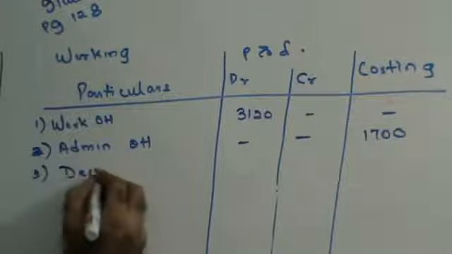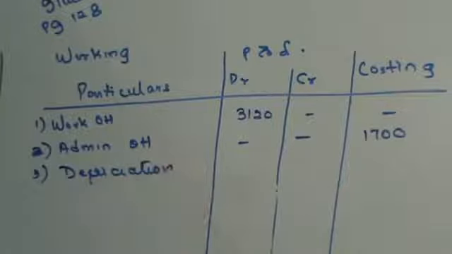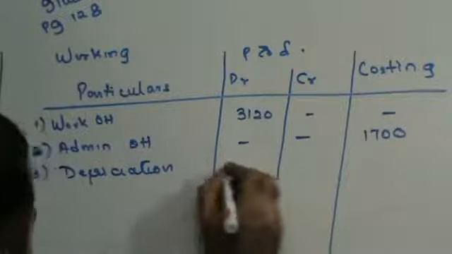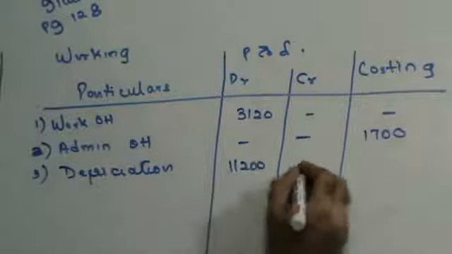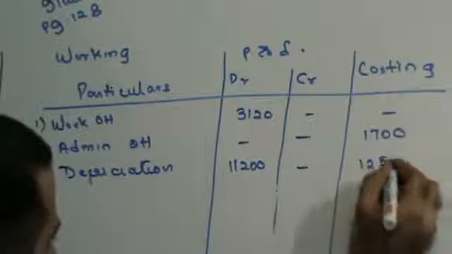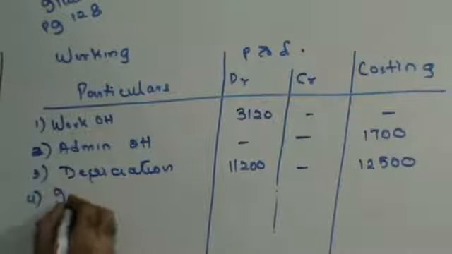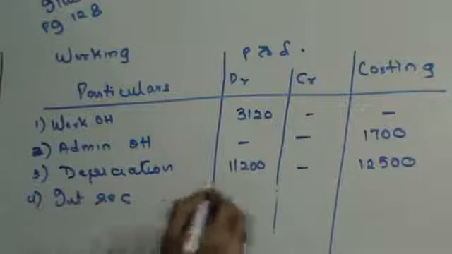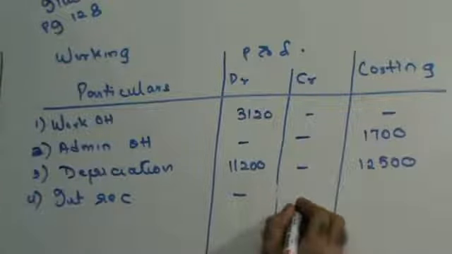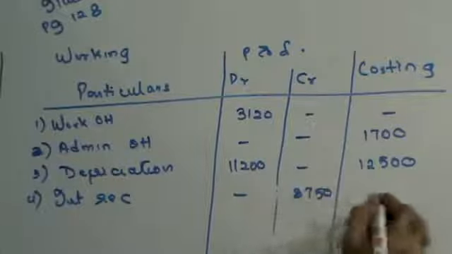Next, depreciation. Depreciation as per financial records is 11,200 and as per costing is 12,500. Next, interest received. It's going to be a credit side entry. Amount is 8750.